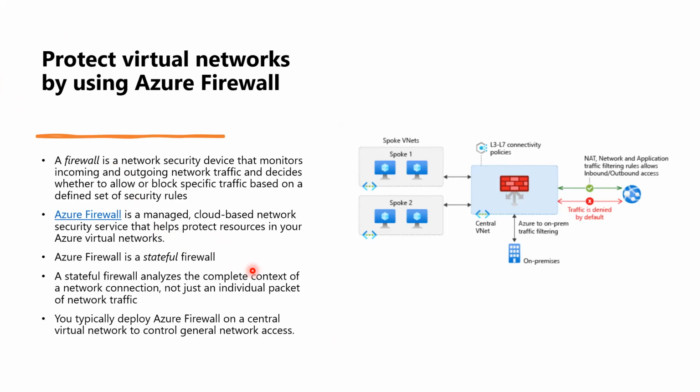Now you only need to log in and configure it. Everything else is taken care of by Azure. That's what is called a managed service. So it's a managed cloud-based network security service, which definitely helps to protect our resources in Azure virtual networks.